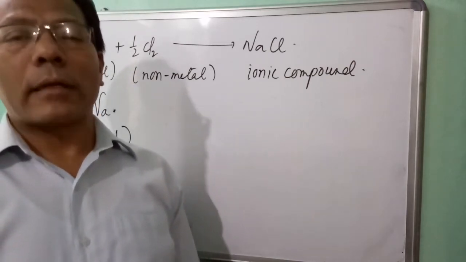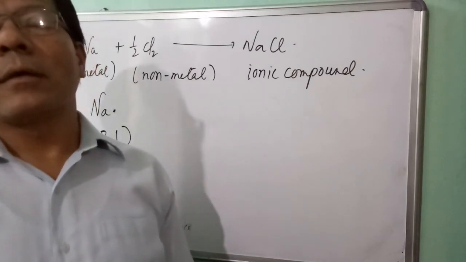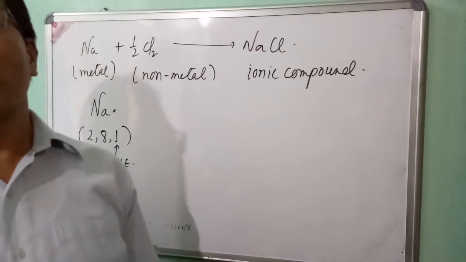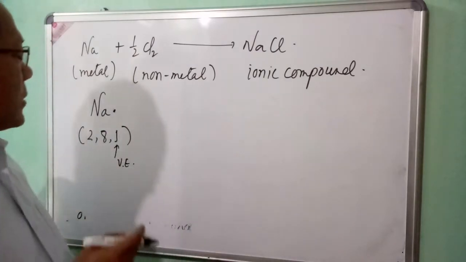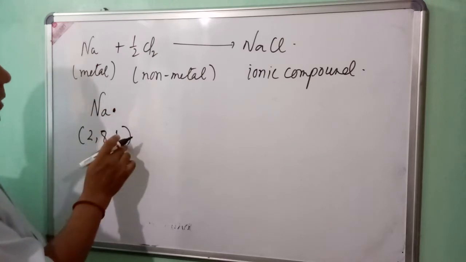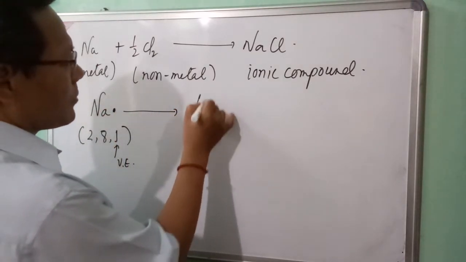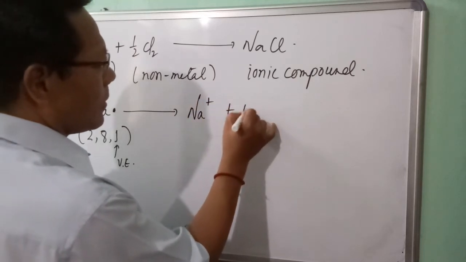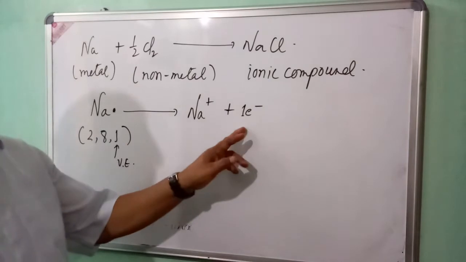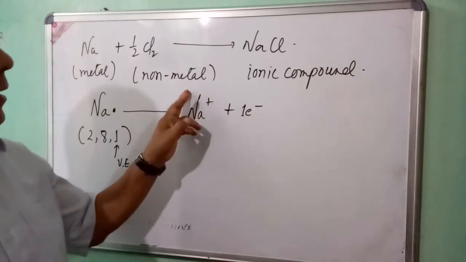A cation has a positive charge. Here, the sodium metal loses its valence electron and forms a sodium ion. The electron is lost, so the cation carries a positive charge.